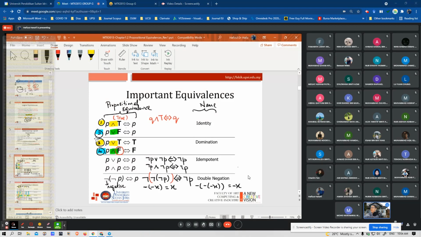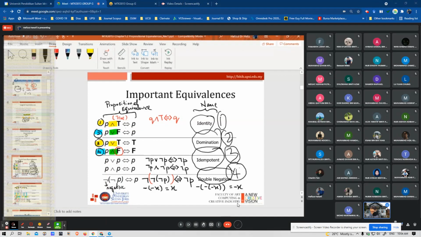Propositional equivalence: we have number one, P and T is equivalent to P. The names are identity, domination, idempotent, and double negation. One, two, three, four. I will explain this one.